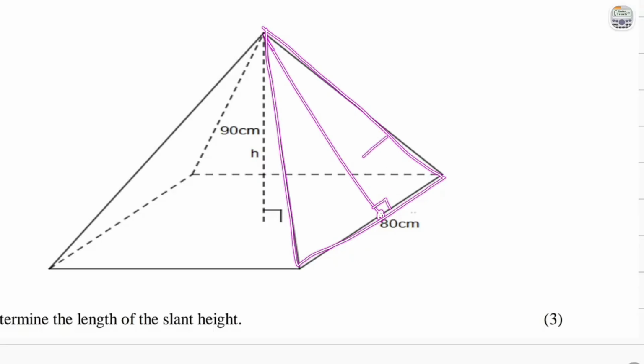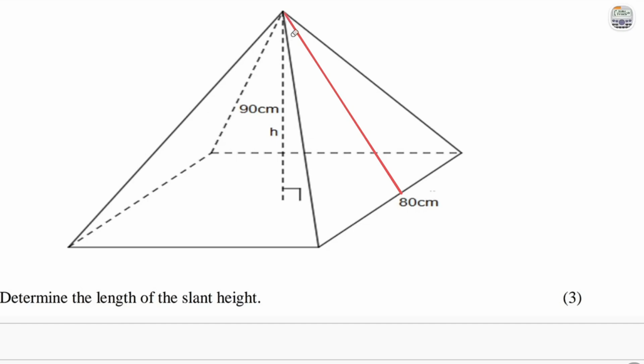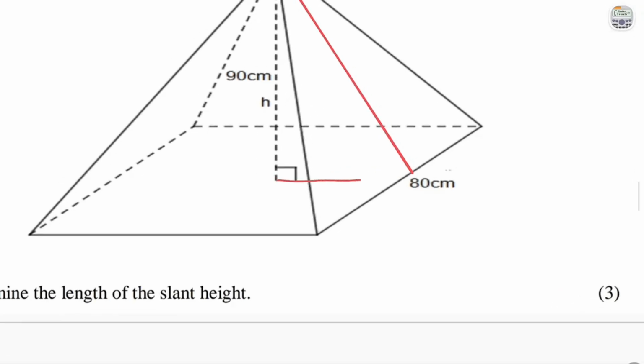So to find this slant height, look at what we can construct. This height goes from the highest point of the triangle to the midpoint of this line. And then we can construct the line from the middle of the square all the way to that line that we have constructed. Just note that this line that we have drawn is parallel to this line.